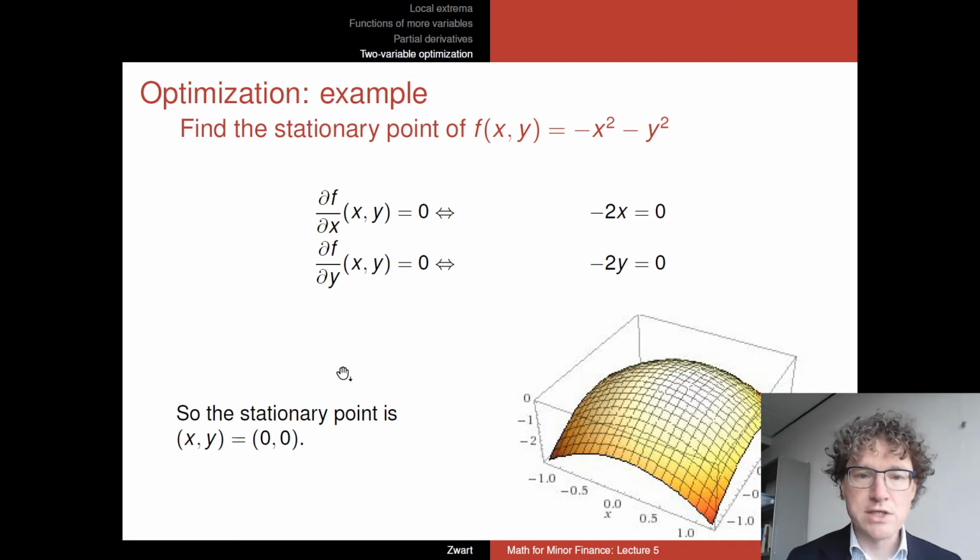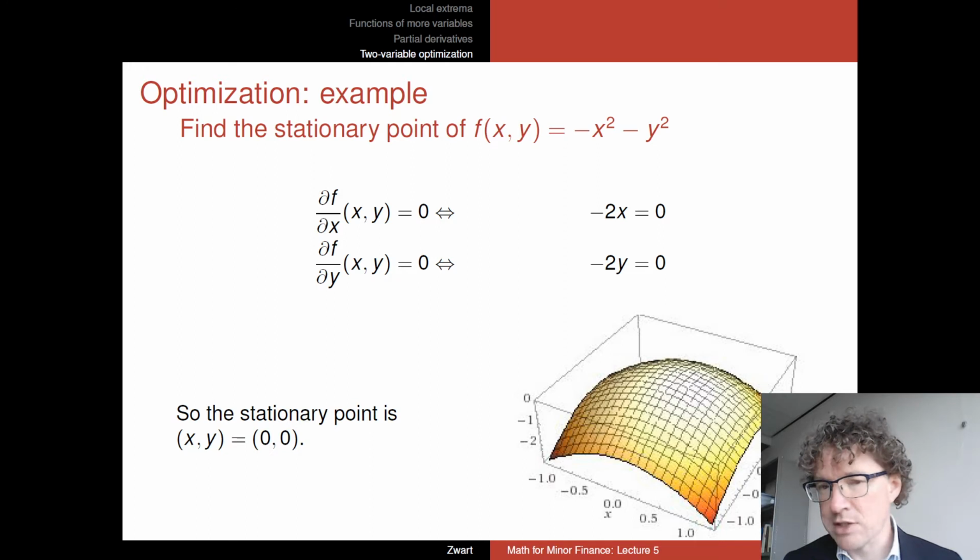So there's just one stationary point here, the point x comma y equals 0 comma 0. That should of course not be a surprise, because this is actually a fairly easy function in the sense that we can immediately see that x squared, for whatever x is, is a square, so it's going to be positive or 0, and similarly y squared is positive or 0.